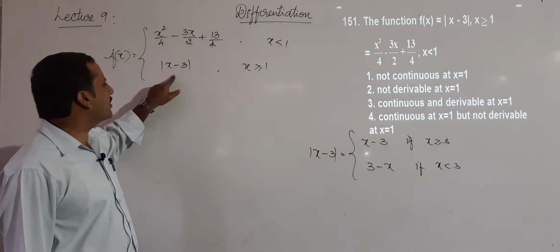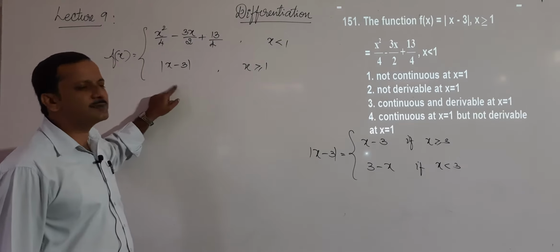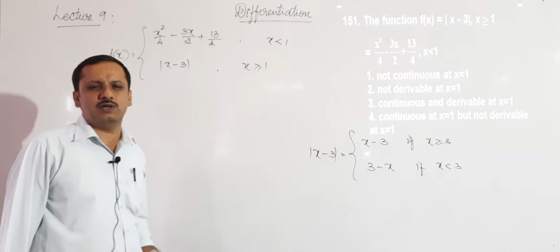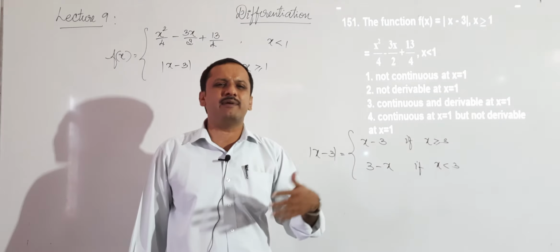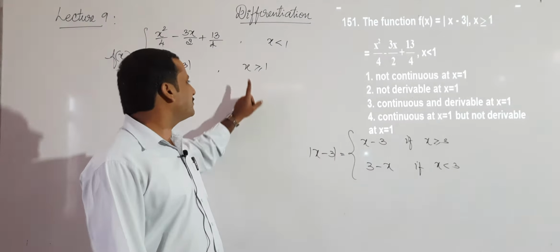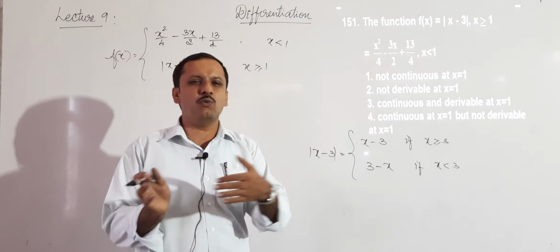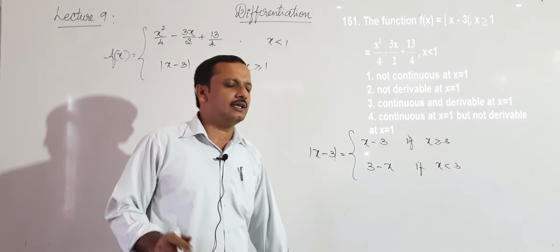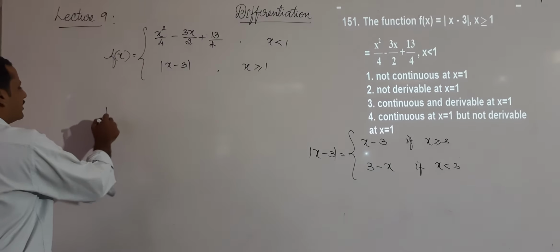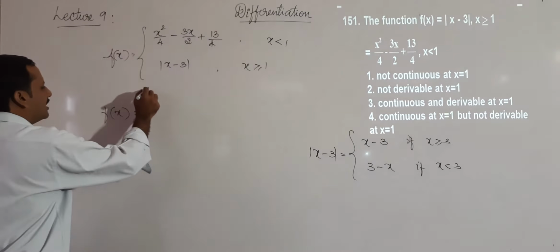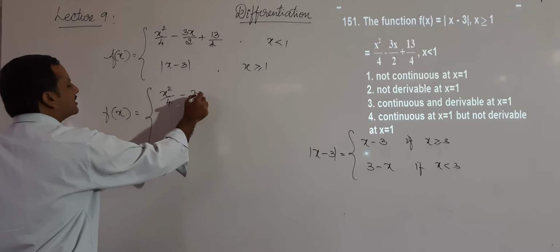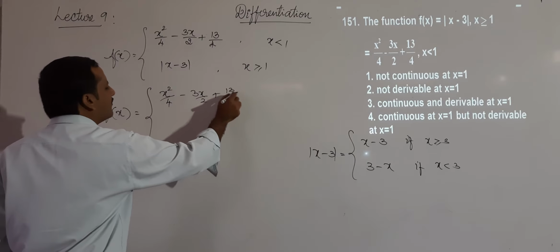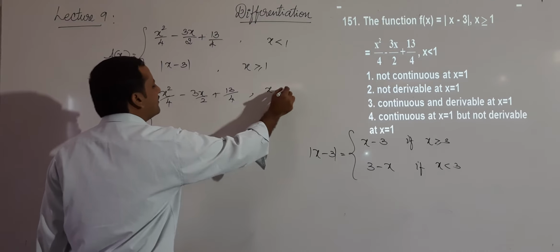Here what they have defined, mod x minus 3. This function is defined as mod x minus 3 whenever x is greater than or equal to 1. When I say greater than or equal to 1, it may be less than 3 or it may be greater than 3 also. So I will split this into two cases now. That is 1 to 3 and then 3 to infinity. So further I can write like this. This function f of x is equal to x square by 4 minus 3x by 2 plus 13 by 4 if x is less than 1.